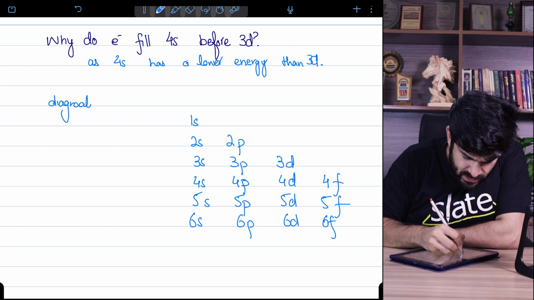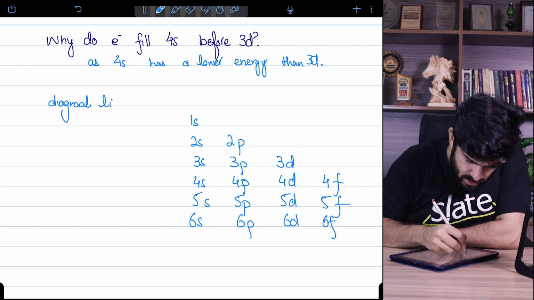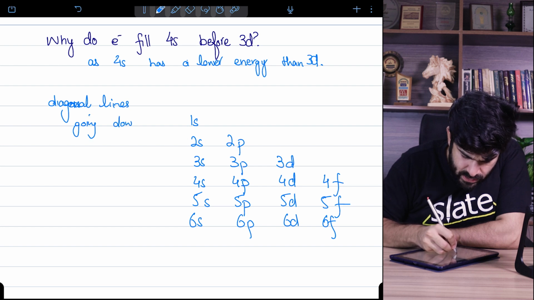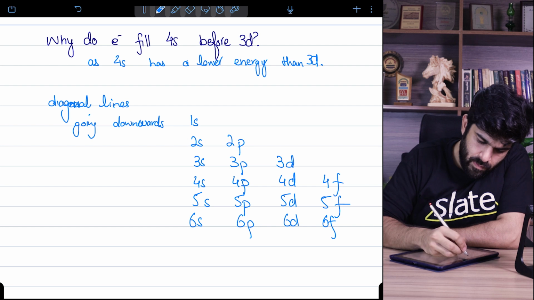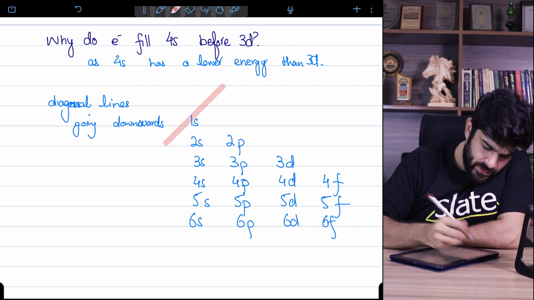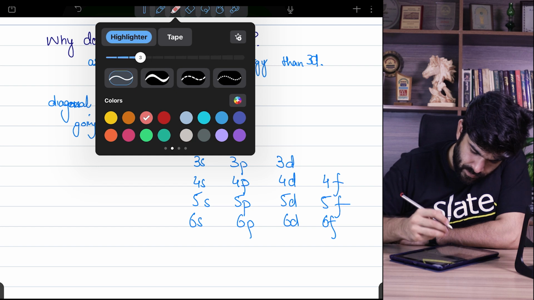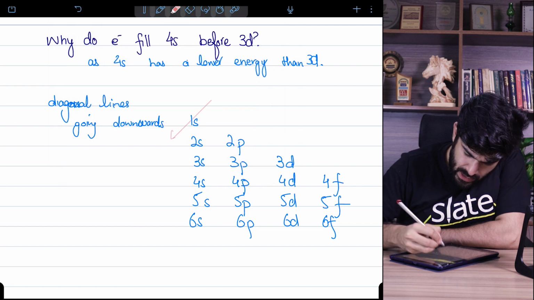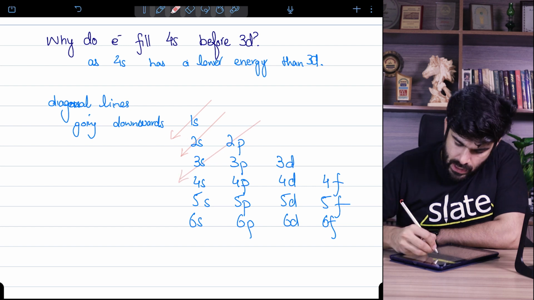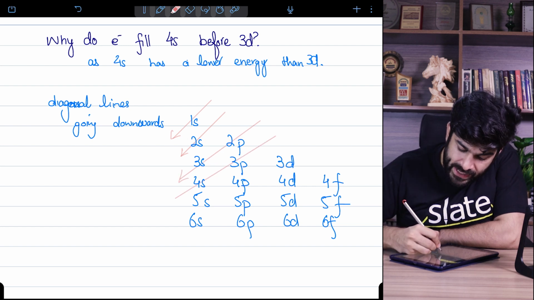Diagonal lines going downwards. First is 1s. Second is 2s. Then 2p and then 3s. Then 3p and then 4s.